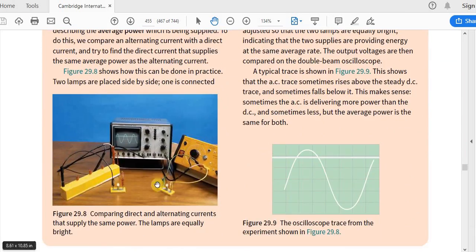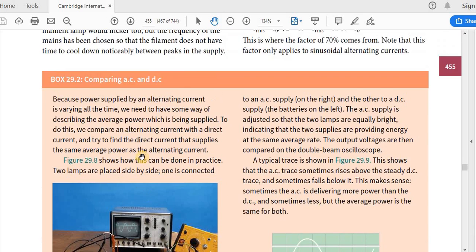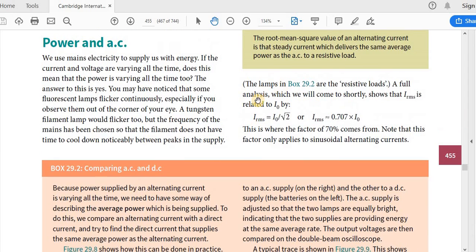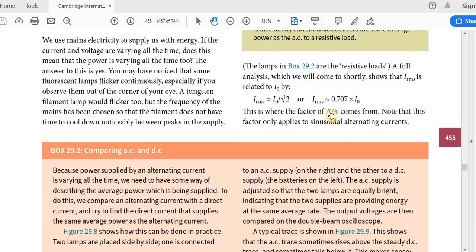Here, this has a resistance, this has a resistance. The lamps have a resistance, we call those resistive loads. A full analysis, which we will come to shortly, shows that r.m.s is related to I0 by this equation. And you can see that this is about 70%.